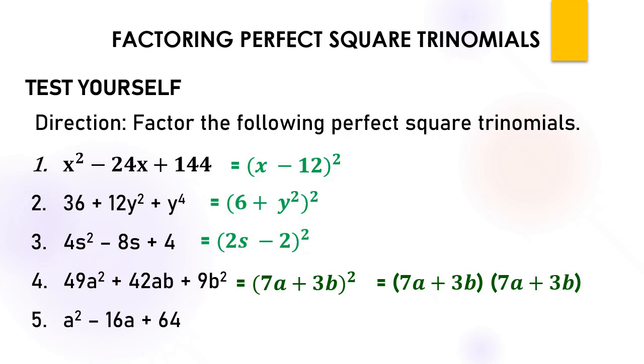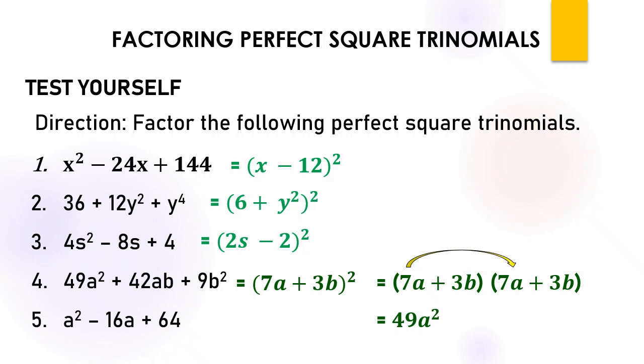We first multiply the first terms in the binomials. The first terms here are the two 7a's. So 7a times 7a will give us 49a squared. 7 times 7 is 49, and a times a, same base, you just add their exponents. It is understood that a is raised to the power of 1, so you add the two exponents of 1, that will be 2.